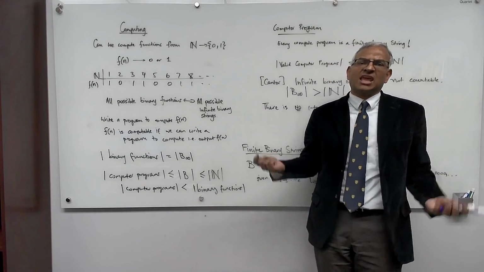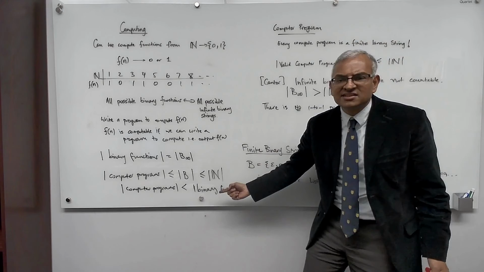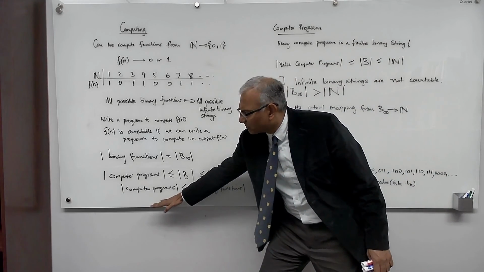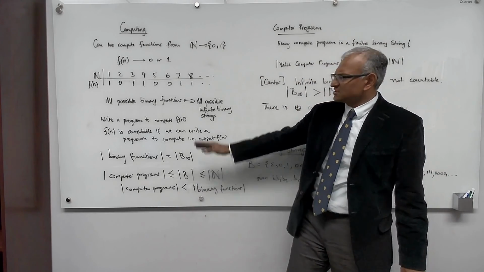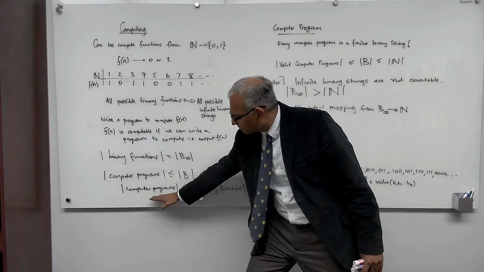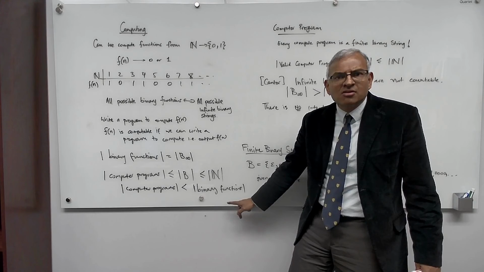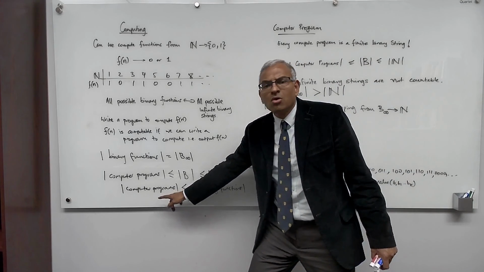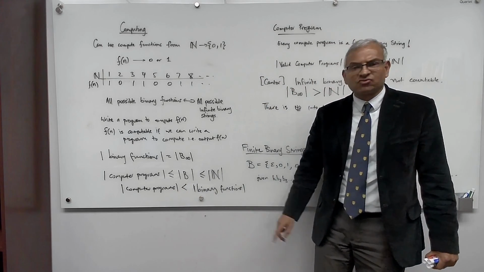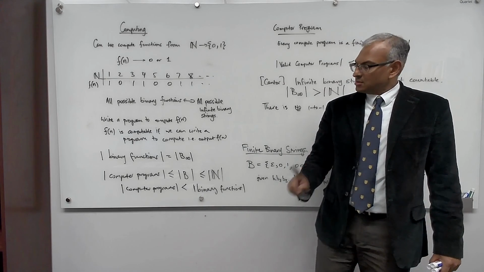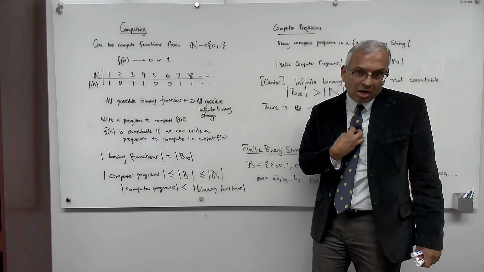This is why infinity came into the whole discussion. What is this saying? If there are way fewer programs than functions, and these are just baby functions, it means there are many functions for which there are no programs that can compute those functions. It's not that there are many functions for which we don't know how to write the program.